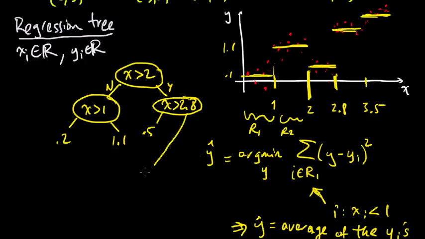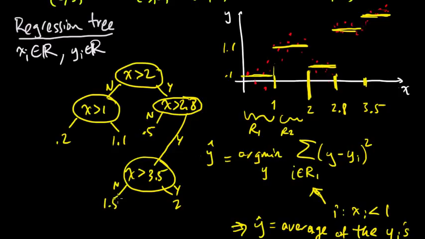So let's go down here, and then we have one more split, which is 3.5. Yes and no. That was no. That was yes. Yes is, I don't know, like 2 or something, and no is like 1.5, something like that. So in each leaf, we take the average of the yi's that were in that leaf, in that region.